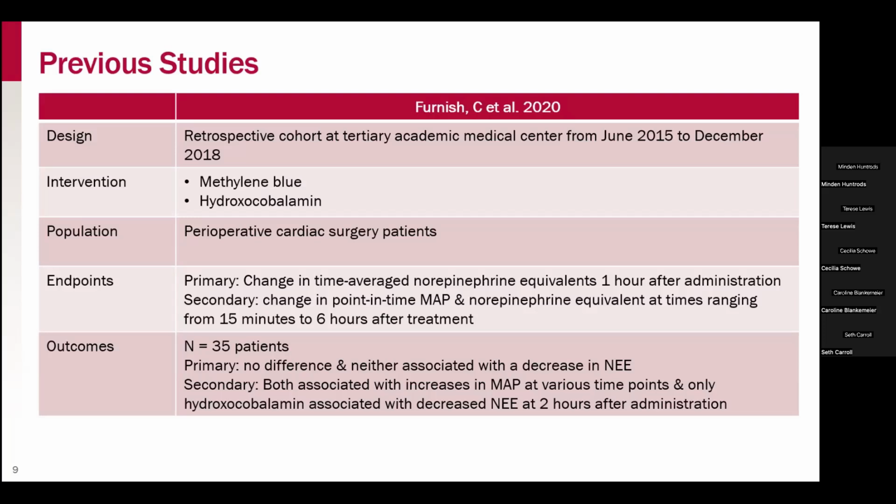Both of them were associated with an increase in MAP at various time points, but only hydroxocobalamin was associated with a decrease in norepinephrine equivalents, only at the 2 hour mark after administration. So again, this is a retrospective study, so that does limit the applicability of this, but it does add to literature supporting that either of these medications could potentially be used for vasoplegia.